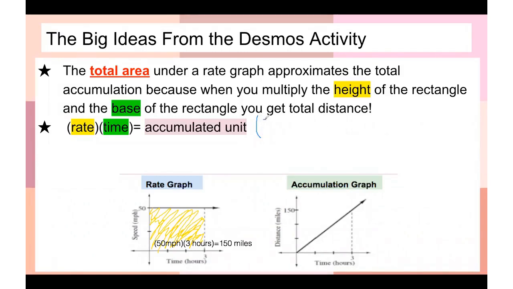We had 50 miles per hour. I'm writing it like that because that's the formal fraction way. Because I'm going to show you that something cancels out when we do this. And we multiply by 3 hours.